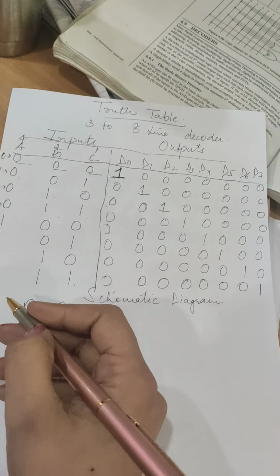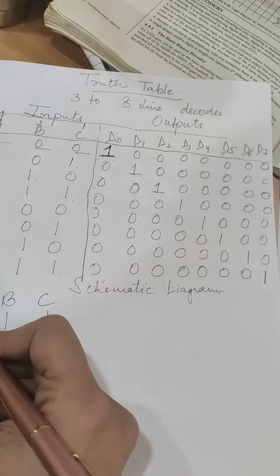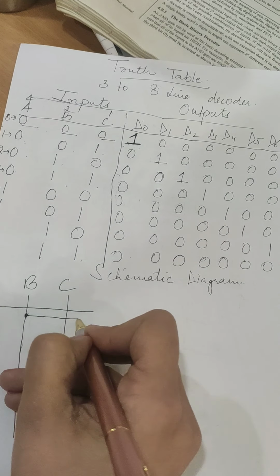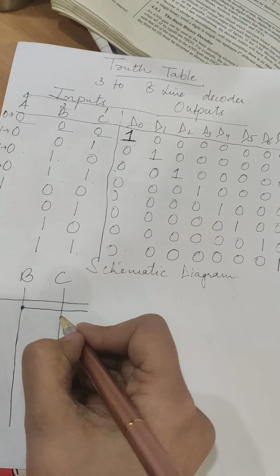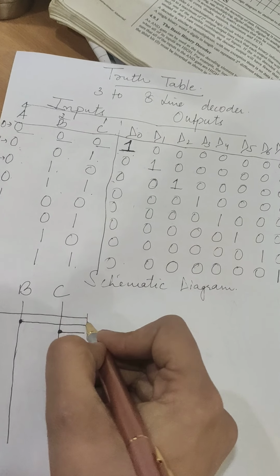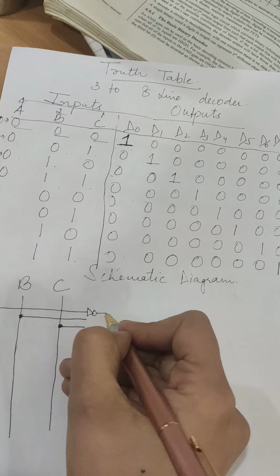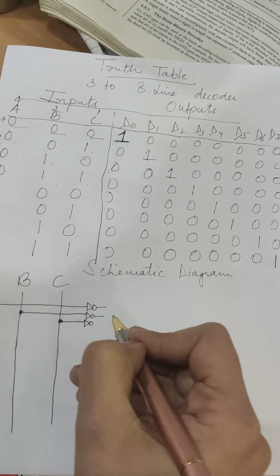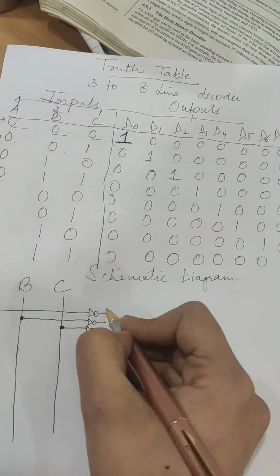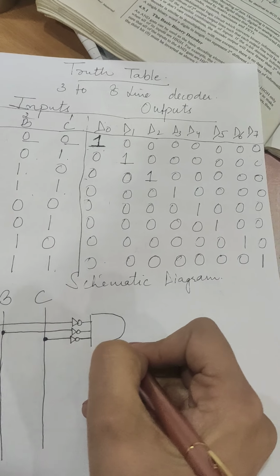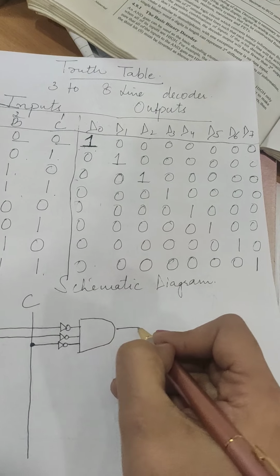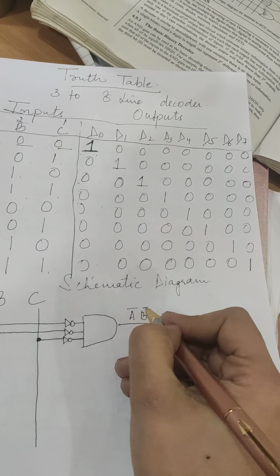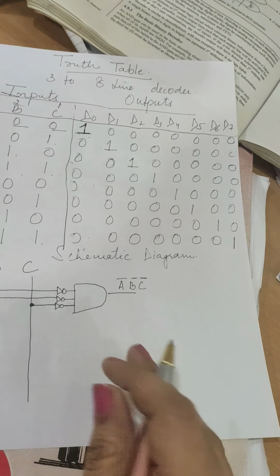To make the 0, we use an inverter gate or NOT gate, and to combine all these an AND gate is used, which makes A bar, B bar and C bar.